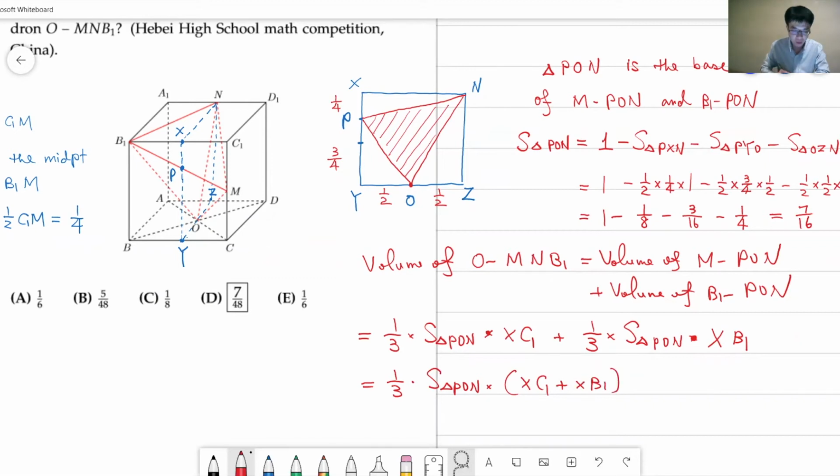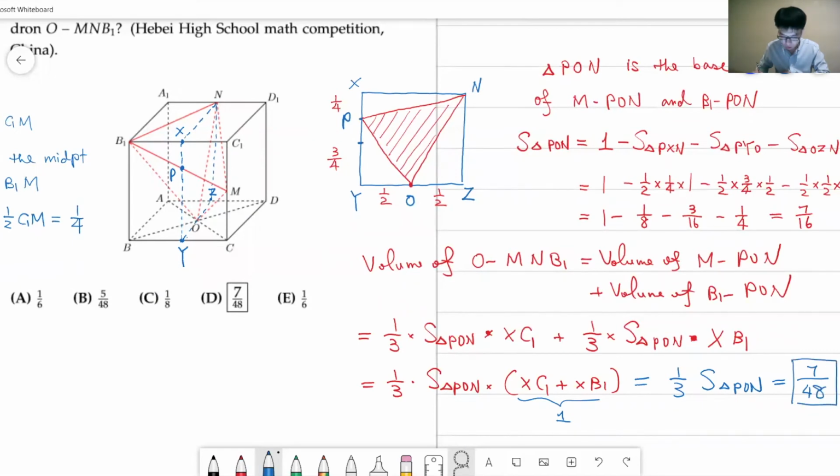But XC1 plus XB1 equals 1. So this equals 1/3 of the area of triangle PON, which is 7/48. So the answer is 7/48.